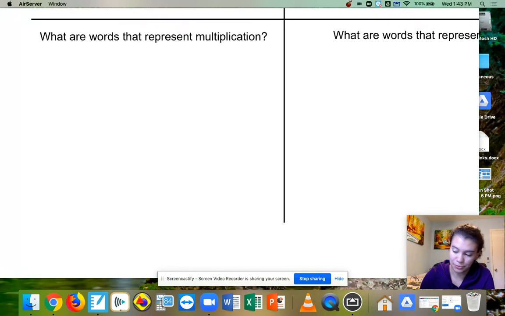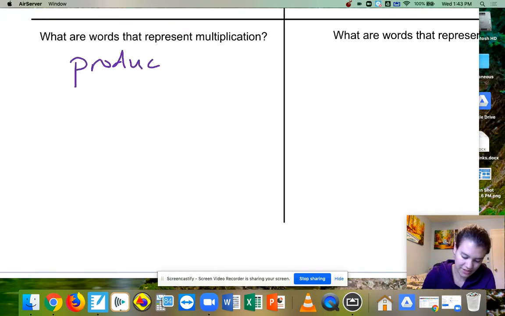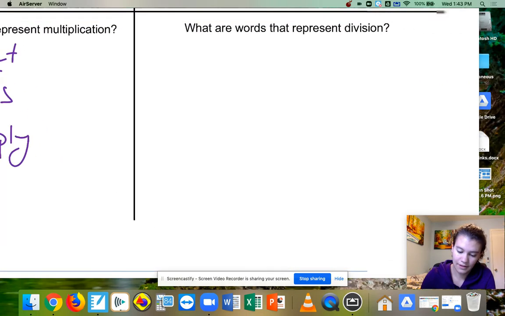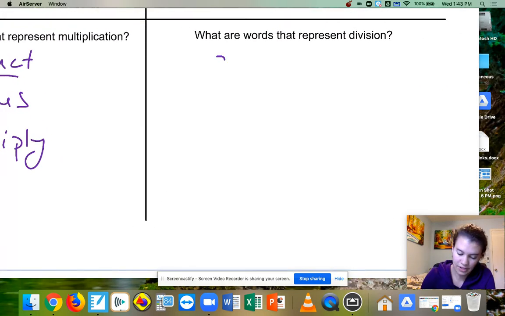Words that represent multiplication. The product of 2 numbers. So if I say the product of 6 and 7, I'm multiplying those 2 together. Times or multiply. Division. The math term is the quotient. So if I say the quotient of 6 and 7, I'm taking 6 divided by 7.